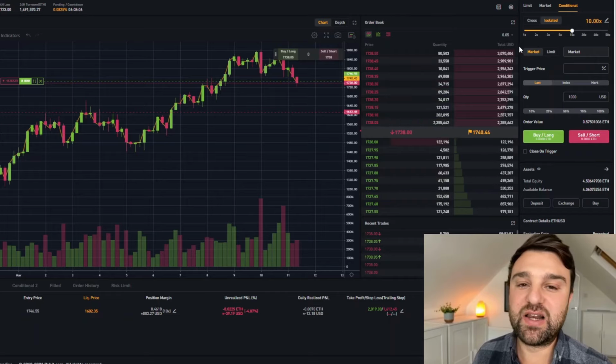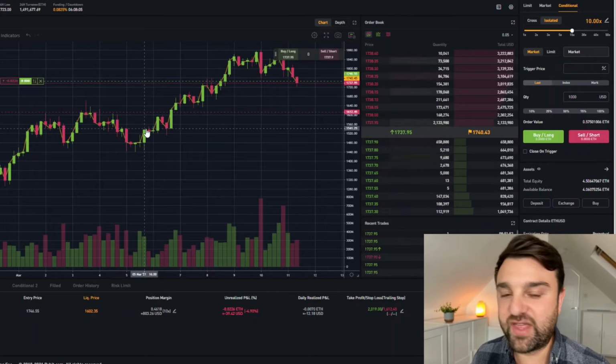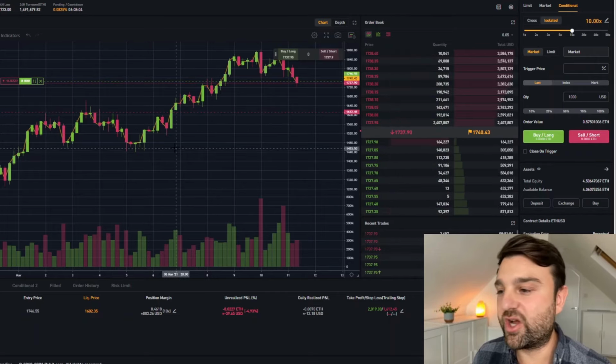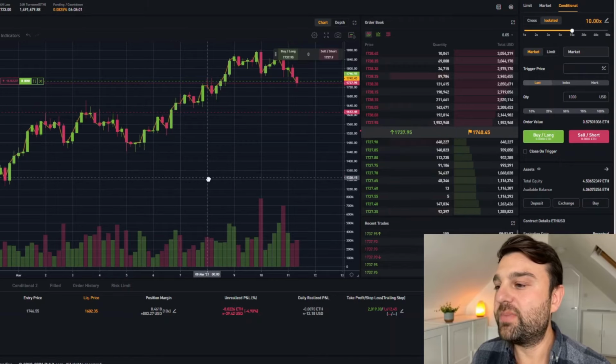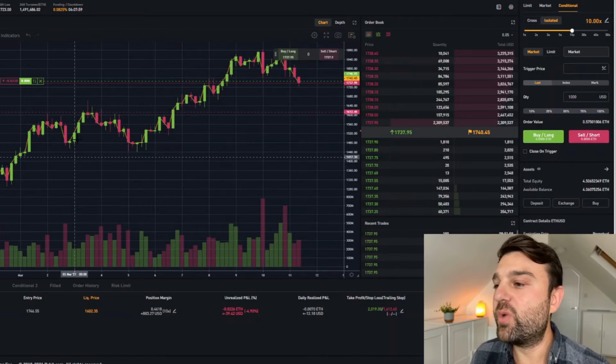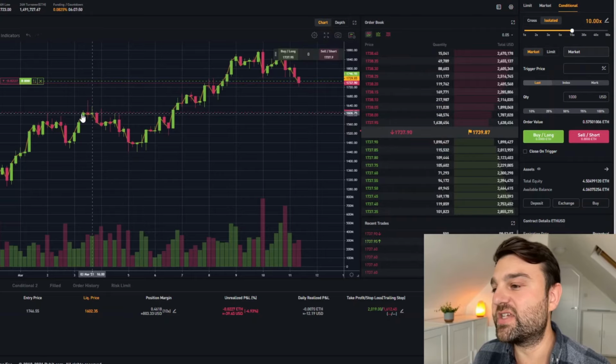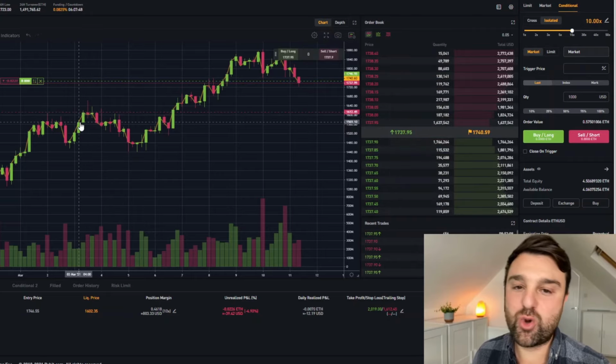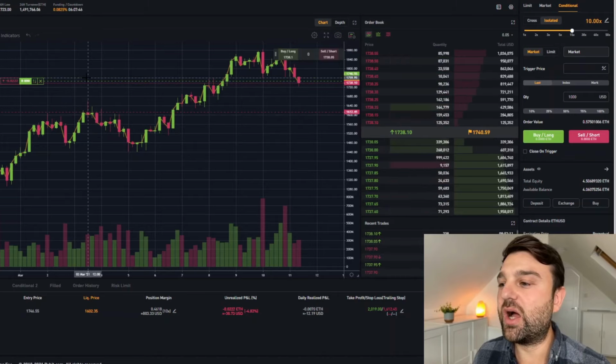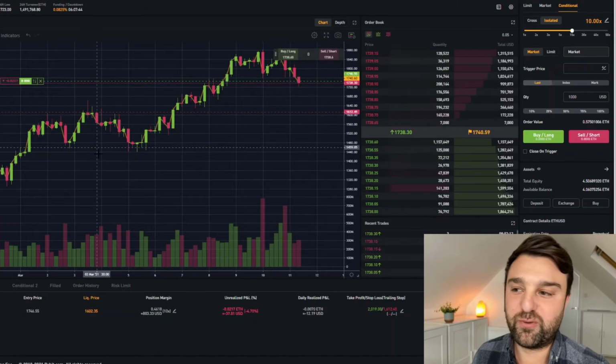So you may typically use that, and just looking at this graph here, don't worry about what's going on in the graph, that's not important. But let's say, for example, we were here, at this point in the trade, at a price of around $1,610, and you didn't know if the price was going to go up from here or down from here.